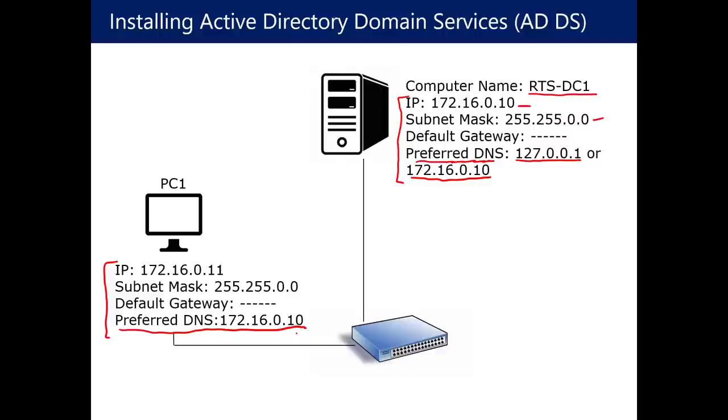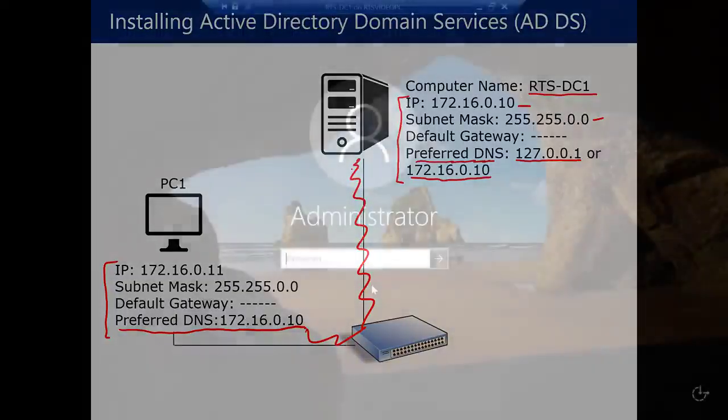So whenever my computer now resolves anything by name, it's actually going to go out through the network and query this machine to look up the name to IP address. If that's a website, a file server, print server, it's going to pass all queries up to that machine. So those are the only prerequisites we need. Before you install AD, make sure you name the computer and you set the IP configuration.